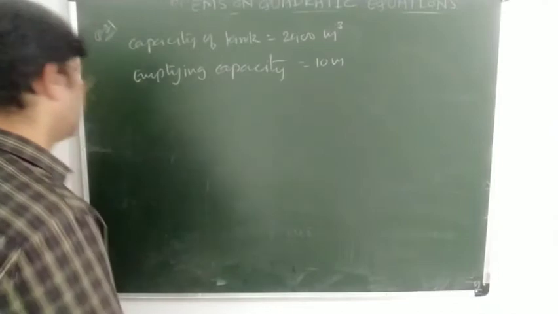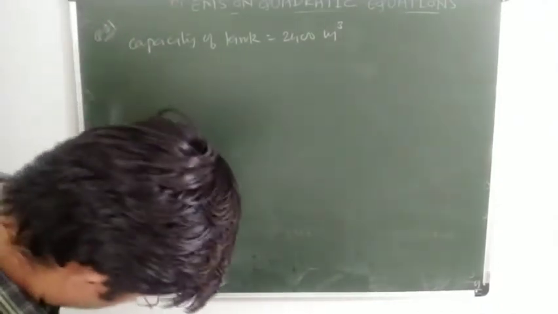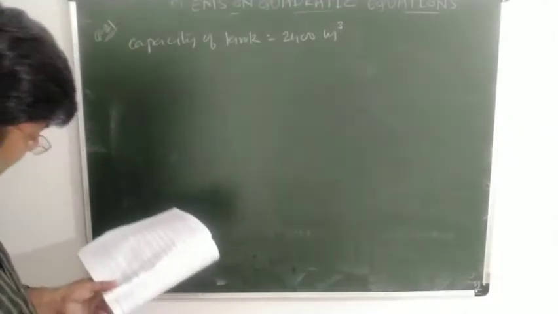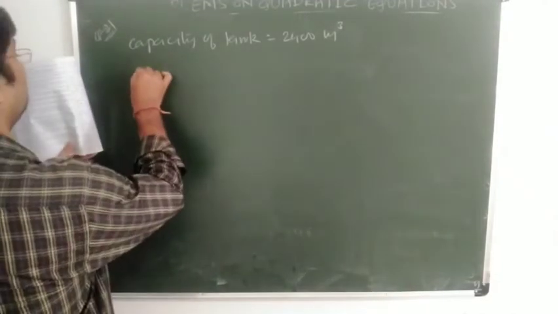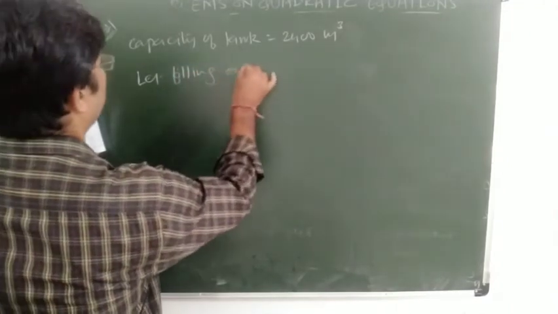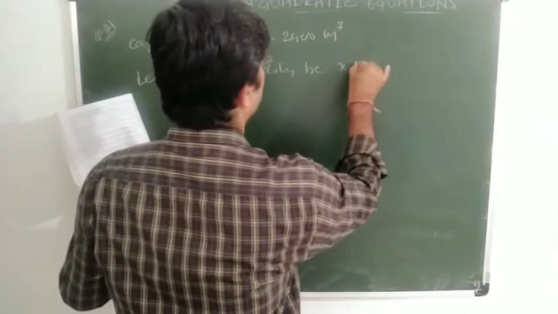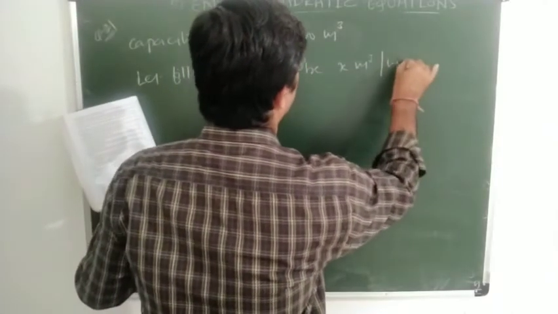So what we will do over here, we will first consider the filling capacity to be x cubic meter per minute. Yes or no? So let filling capacity be x cubic meter per minute.